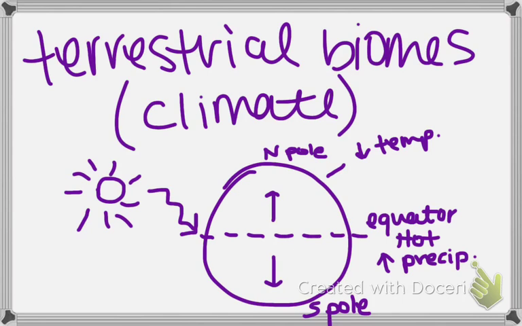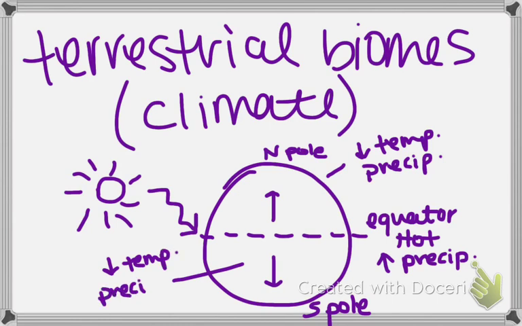But remember, you can have different amounts of precipitation. Like the Hadley model said, it picks up that rain and travels. So again, if you go south, you're going to decrease in your temperature, but you're still going to have precipitation.